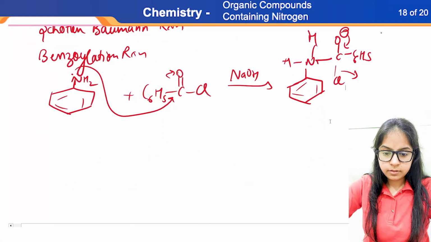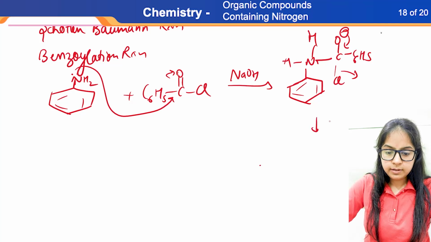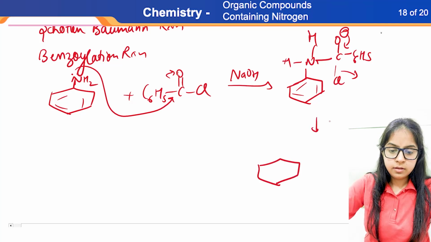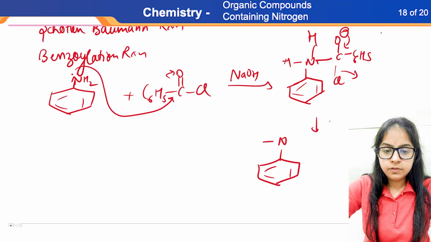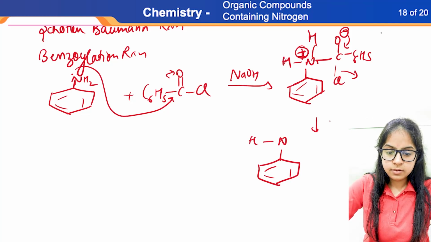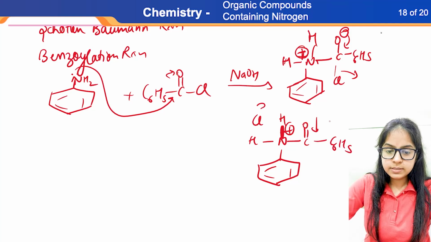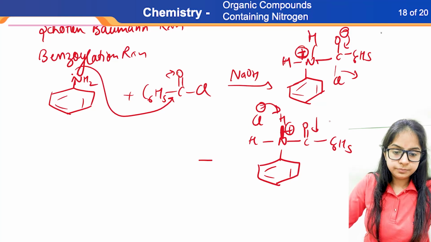You will get NH. Here you will get a positive charge on this one. O negative, Cl negative is going to get removed. Cl negative takes up this hydrogen.